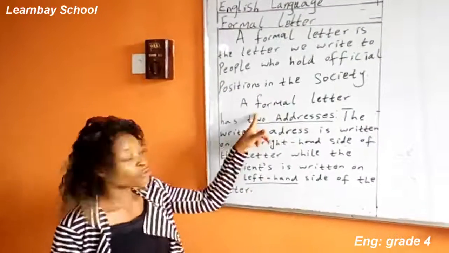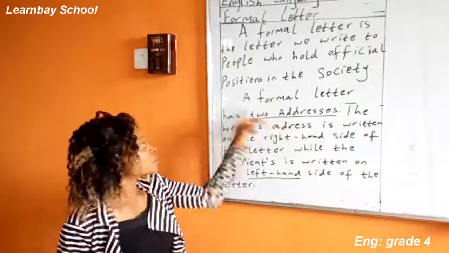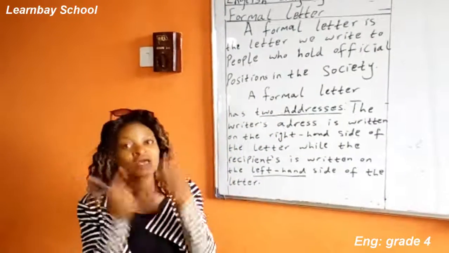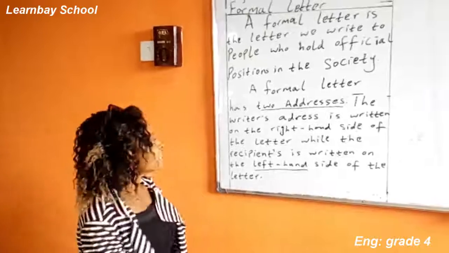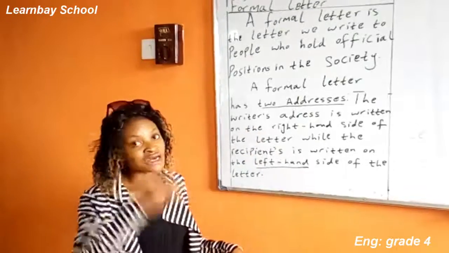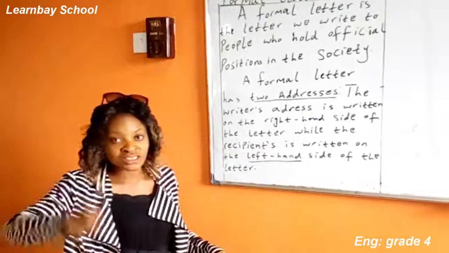One paramount thing you should also know is that a formal letter has 2 addresses. It has how many addresses? 2 addresses. One is written on the right hand side: the writer's address, your address.